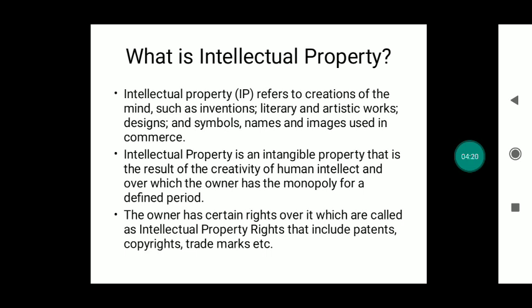The owner has certain rights over it which are called the intellectual property rights, that include patents, copyrights, trademarks, etc. So on this IP, owner can have rights, and unless until the permission is given by the owner, unless until the copyright is transferred from the owner, nobody is having the authority to use those IPs.